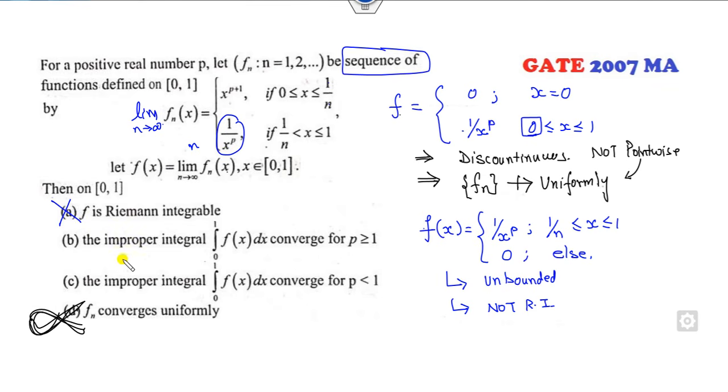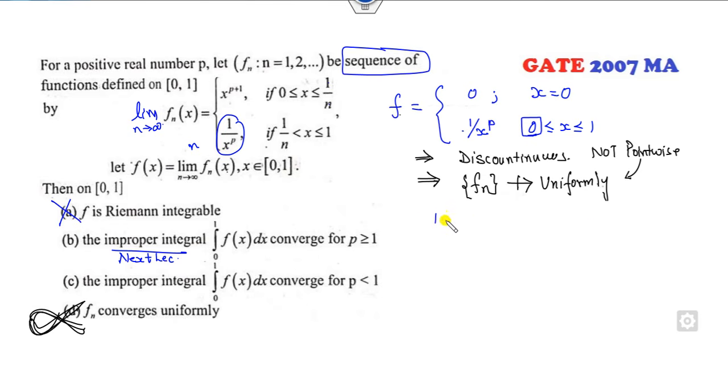Now the next topic is the improper integral. That will be in my next lectures, but I will tell you how you can solve this problem. Now you have to solve the integral from 0 to 1 of f of x, where 0 is the point of discontinuity.